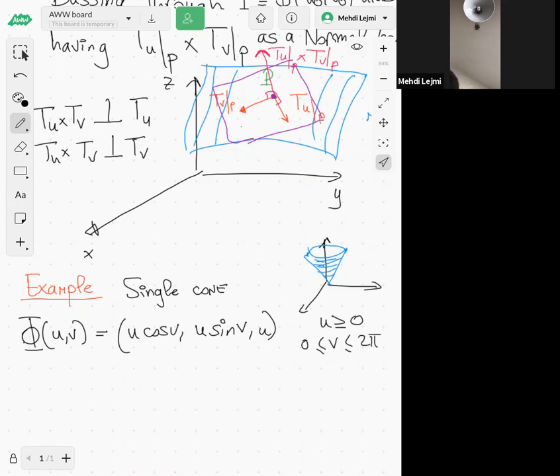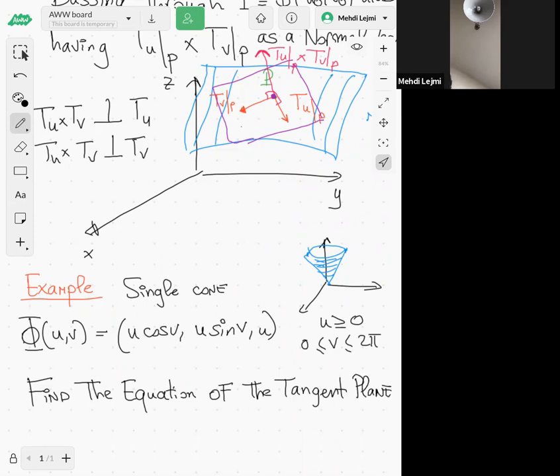Anyway, so the question is, you need to find the tangent plane, the equation of the tangent plane. So when I say find the tangent plane, of course, it means that we need to find the equation of the tangent plane to the single cone.